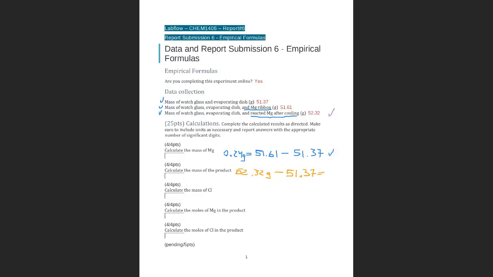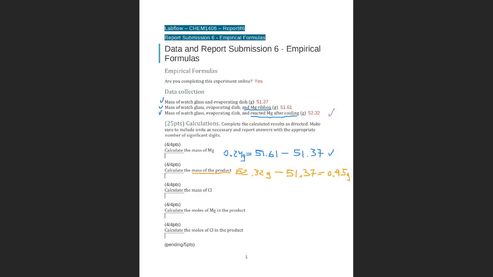And we are going to obtain a mass of product of 0.95 grams. All we want is the mass of the product, so we had to subtract the empty watch glass and the empty evaporating dish.